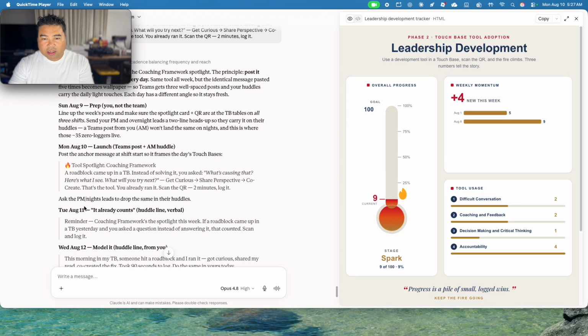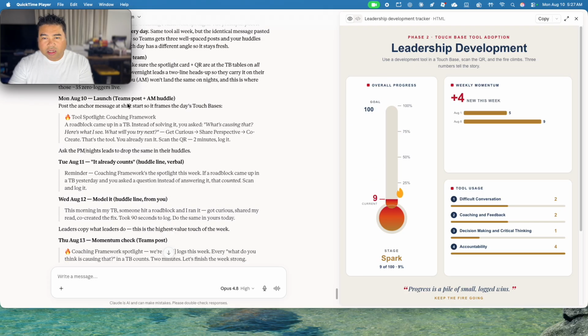Let's take a look at Monday. Launch: team post and AM huddle. Post and anchor a message at the shift start so it frames the day and touch bases. The spotlight here is the message that we shared for the tool spotlight. This is the framework that was put in earlier when we talked about how to best highlight the coaching framework.